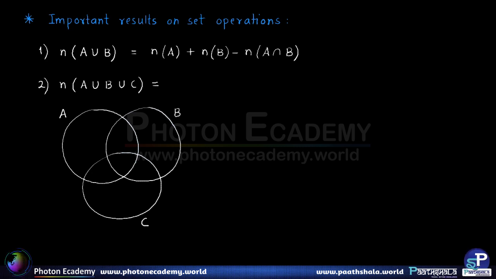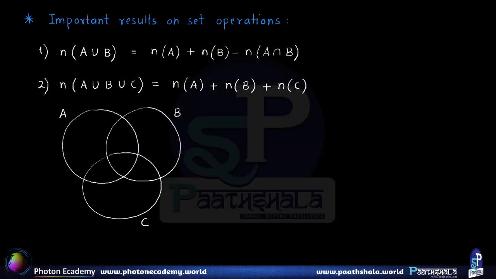Okay. Now let us go by the previous logic, that is let us first add the number of elements in the individual sets. Alright. Now let's ask the question, is this the correct answer?